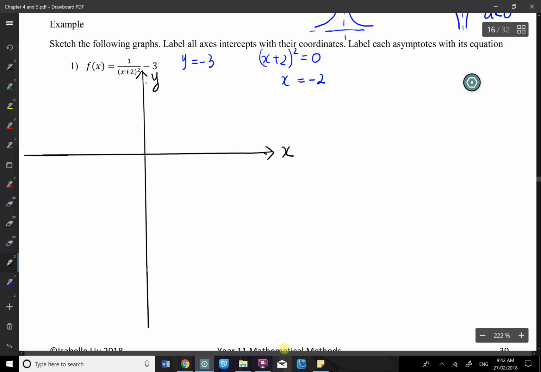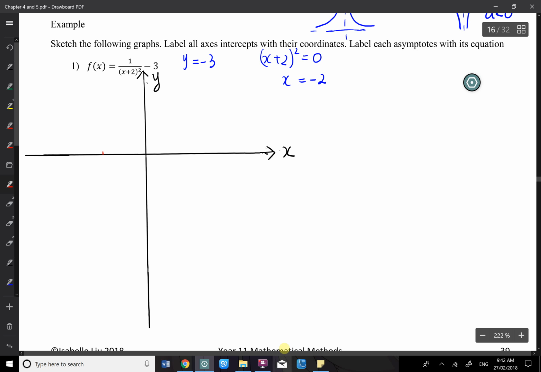Okay, x equals to negative 2, and y equals to negative 3.